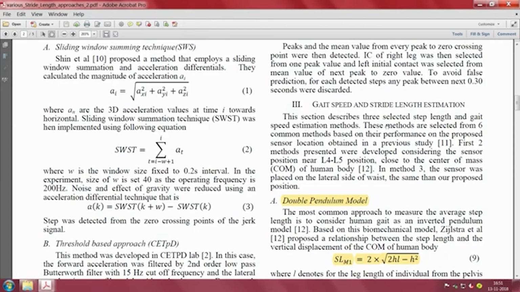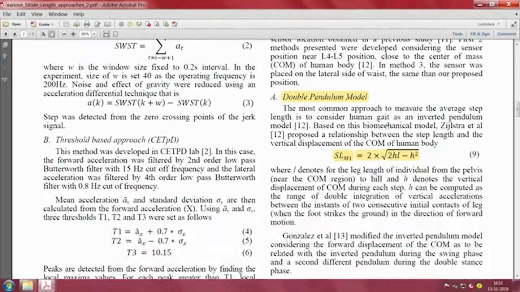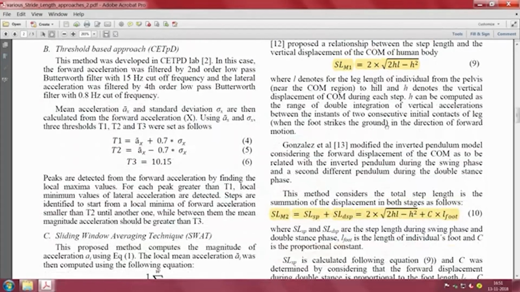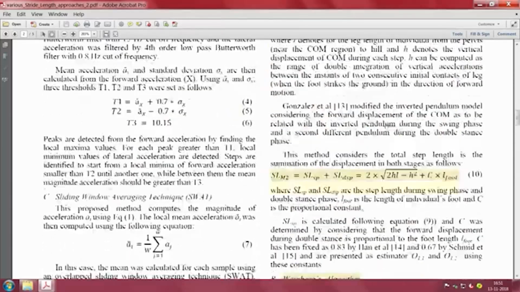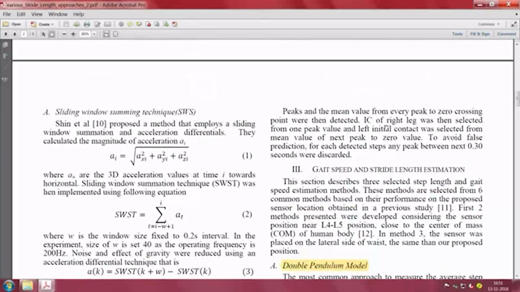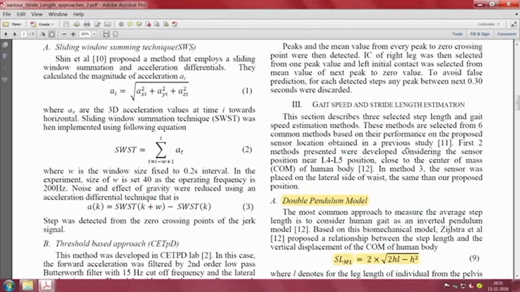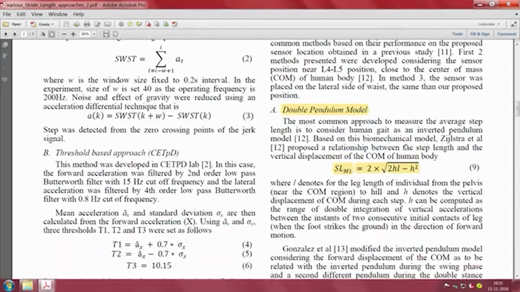Threshold based approach is one more method which they seem to use. Then there is a sliding window averaging technique algorithm. Then gait speed and stride length estimations, a bunch of algorithms again there. You look at the double pendulum model. The most common approach to measure average step length is to consider human gait as an inverted pendulum model.